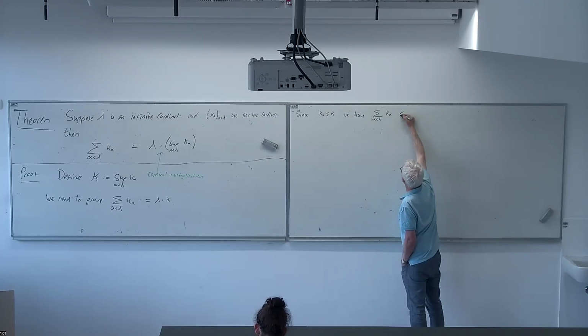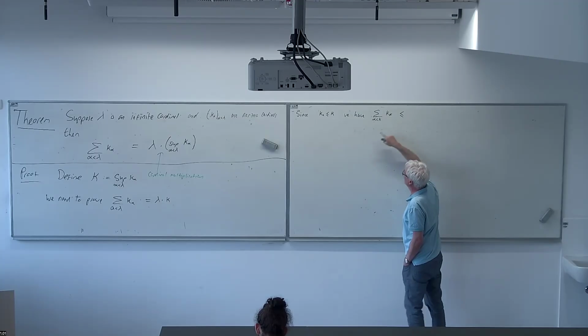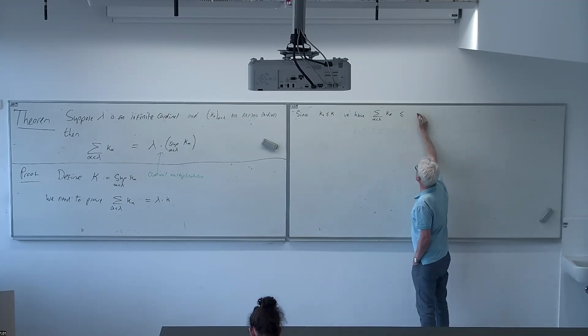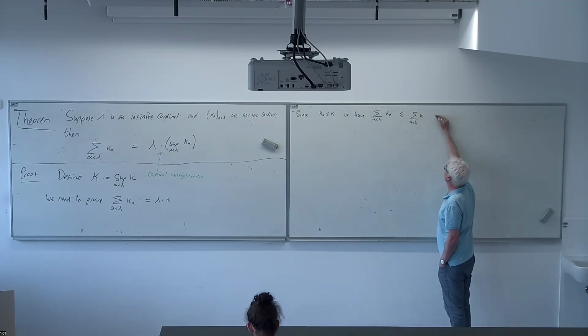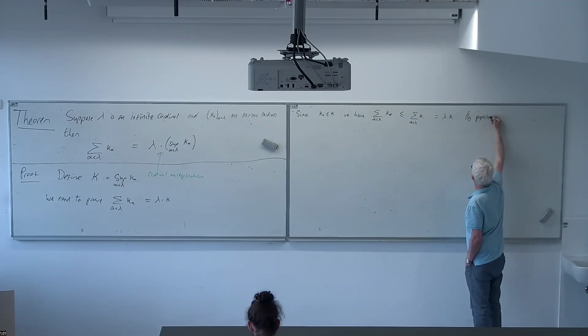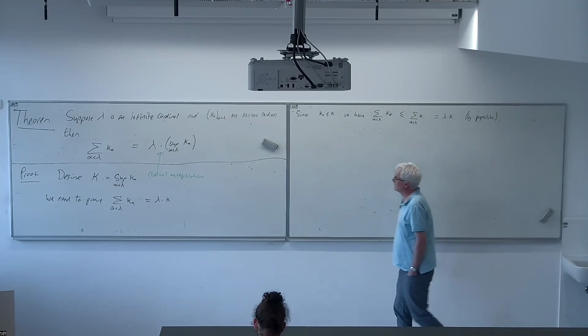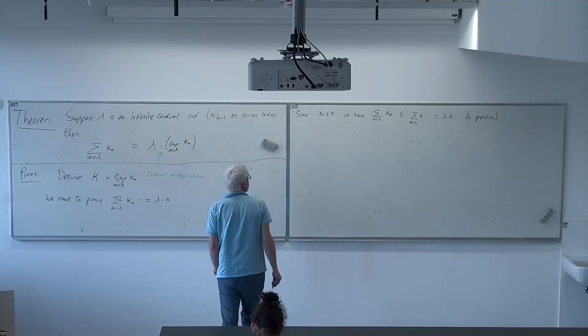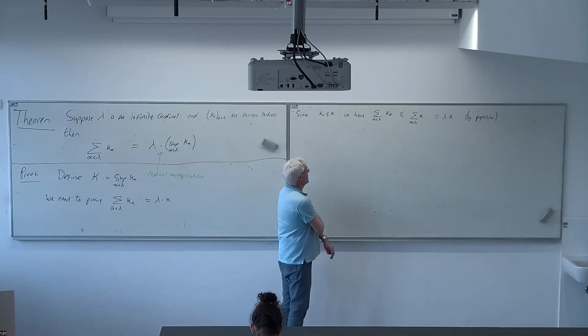So we can replace the kappa alpha everywhere with something higher, namely kappa. So this is less than or equal to the sum over alpha less than lambda of the kappas. But we already saw that this equals lambda times kappa, by the previous proposition. And that's one direction.